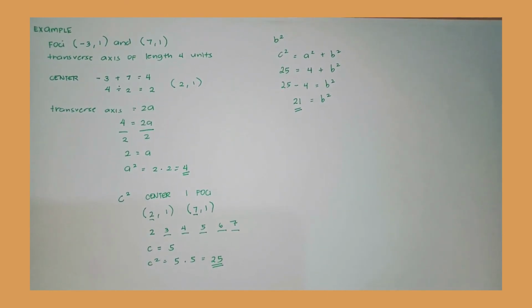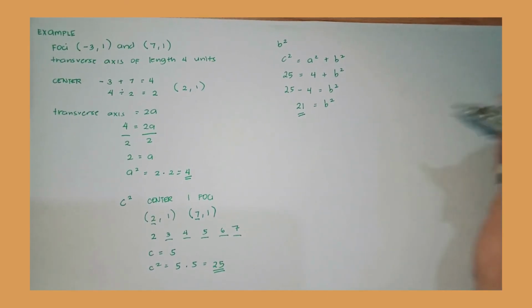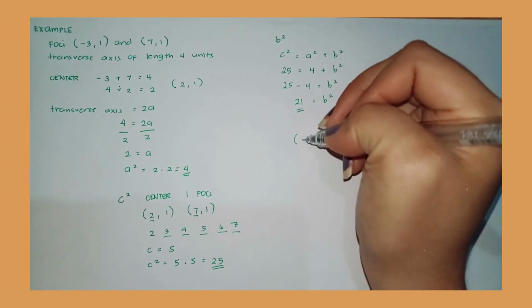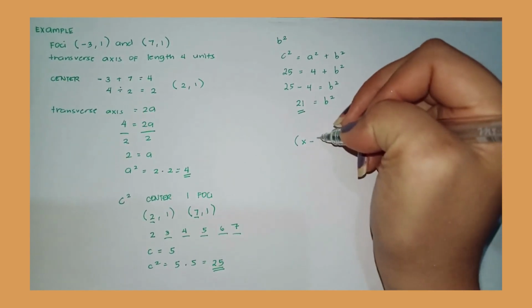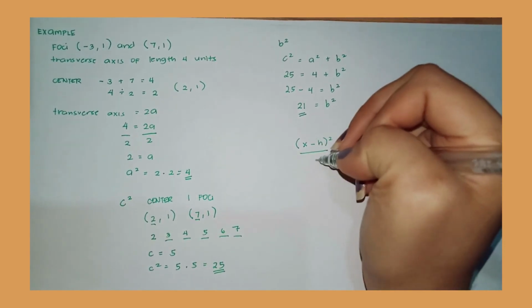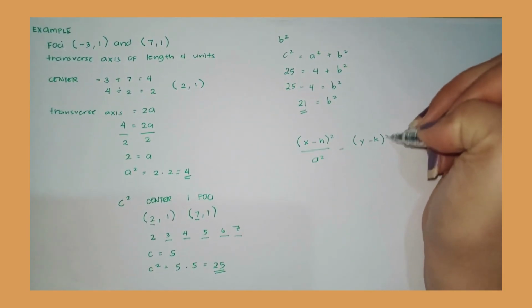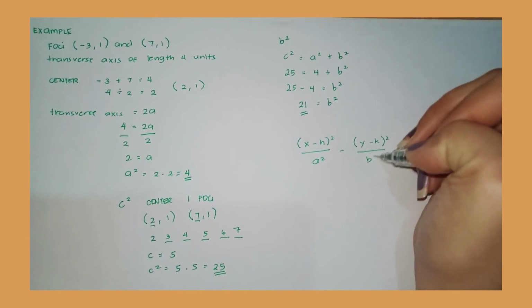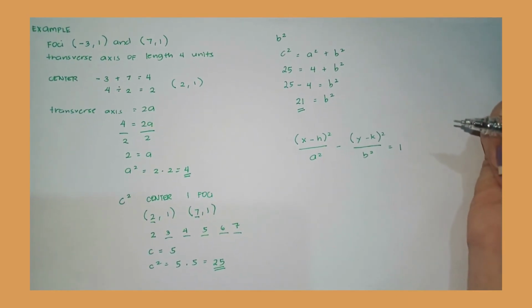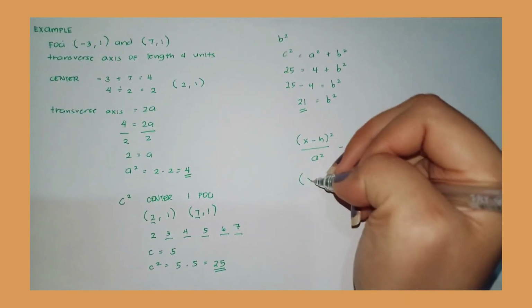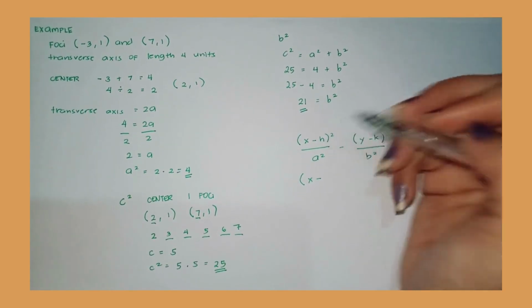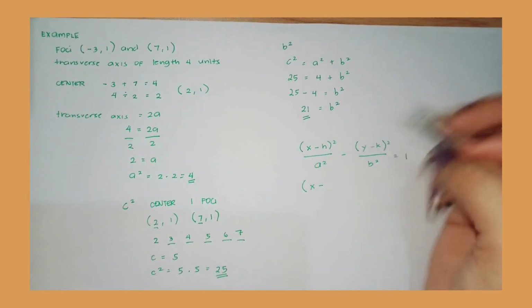So, in order to find the equation of the hyperbola, ito siya, x minus h squared over a squared minus y minus k squared over b squared equals 1. Substitute the value tayo. Copy x, negative. H natin is 2.